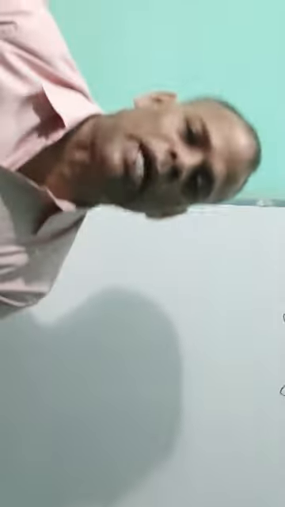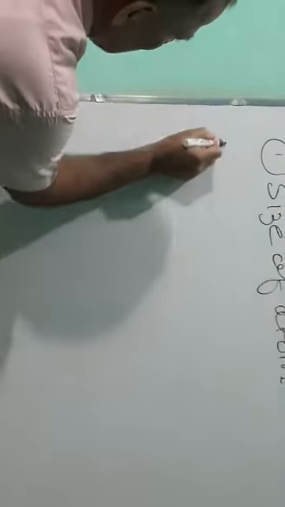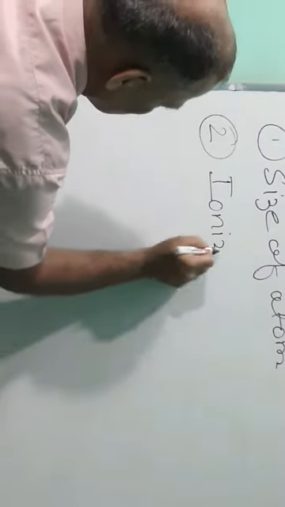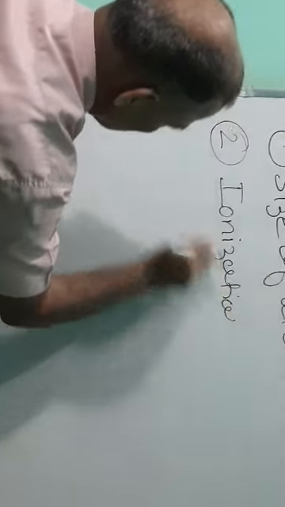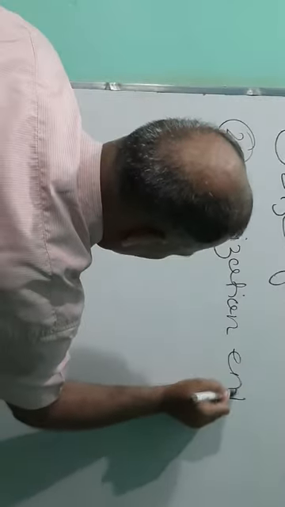One of the factors on which the tendency of losing electrons and forming an electropositive ion depends is the size of the atom. And the second thing is ionization enthalpy.